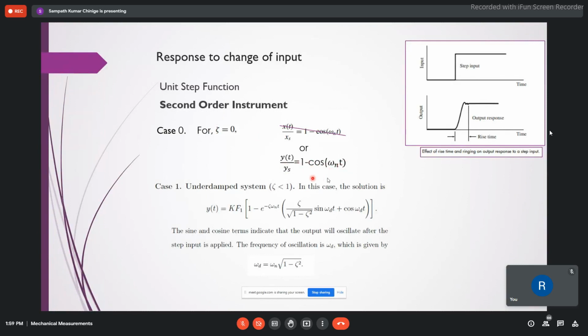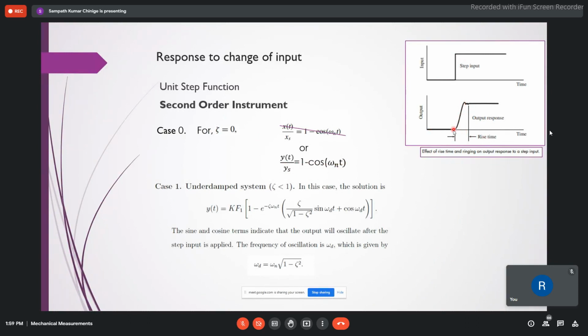So what it does, when you are giving a static input, suddenly the input is rising over here, but the output is taking certain time to reach the same input. This time we are calling the rise time. Now you can see some oscillations over here, right?